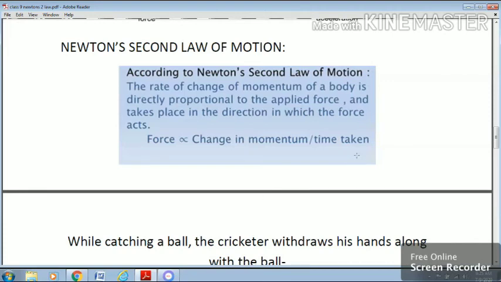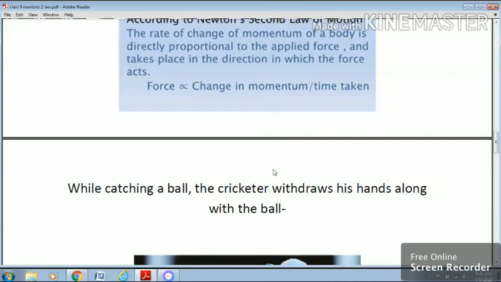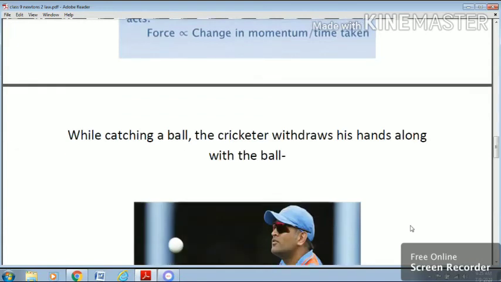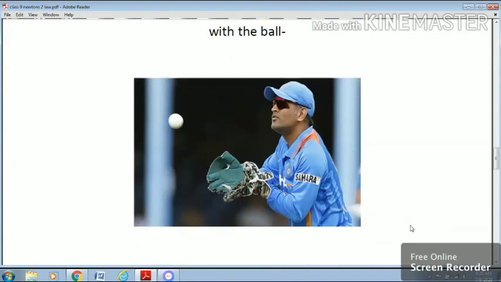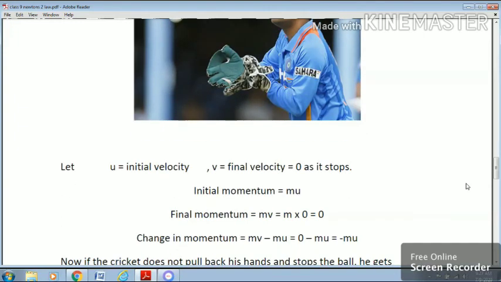A very simple and very easy example is that while catching a ball in cricket, the cricketer withdraws his hand along with the ball. So we pull our hand back to get less hurt. That means when we are pulling it back, the time period increases. So now let's see how the calculation is done for this example.